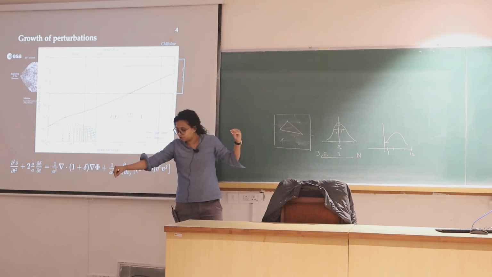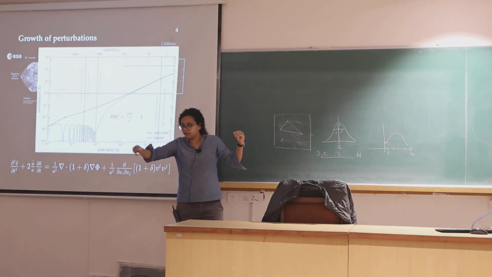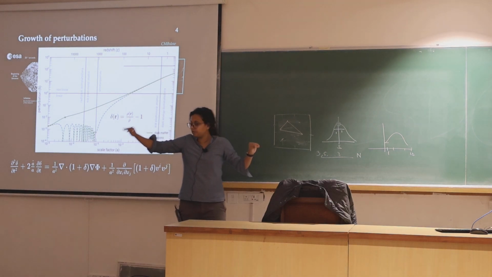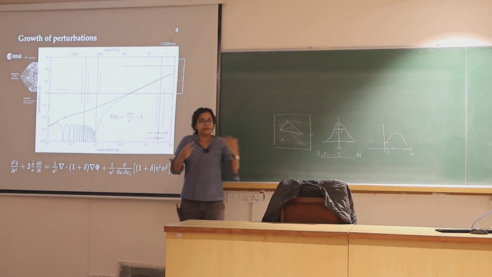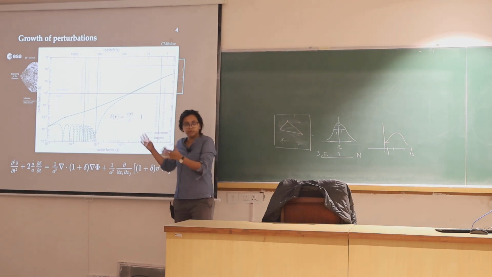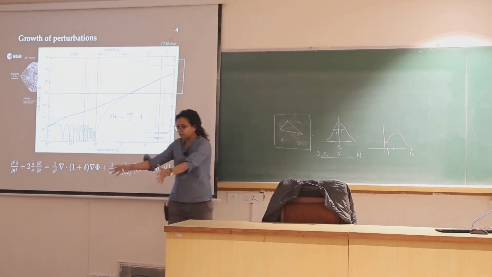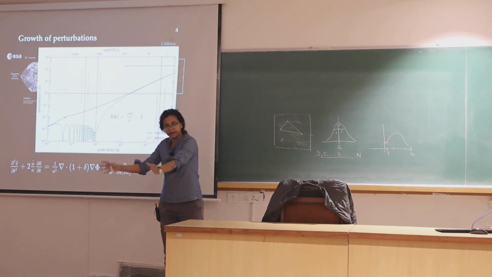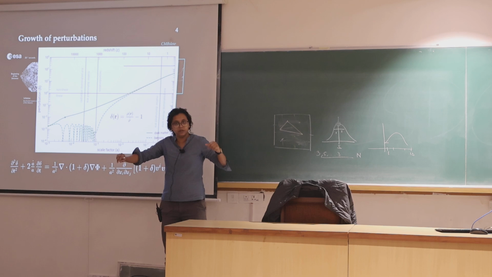You go to a specific location, and there the value within some region is slightly higher than this average value. It's called perturbation. And as the universe evolves, since gravity is attractive, this overdensity will try to collapse and matter gets accumulated.